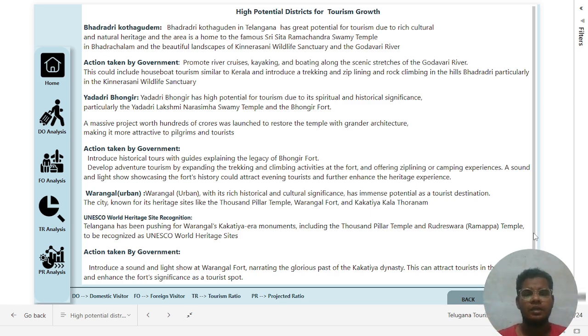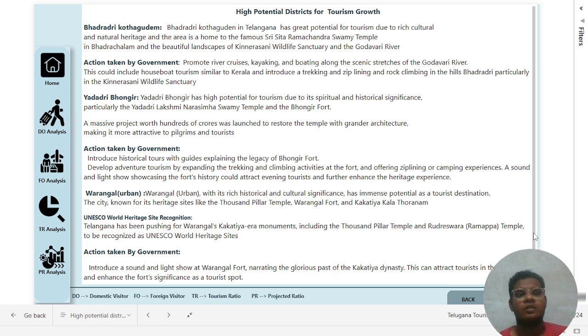The government has already invested 1,000 crores. It is planning to build the architecture equal to Tirumala, that is, the Tirupati temple.